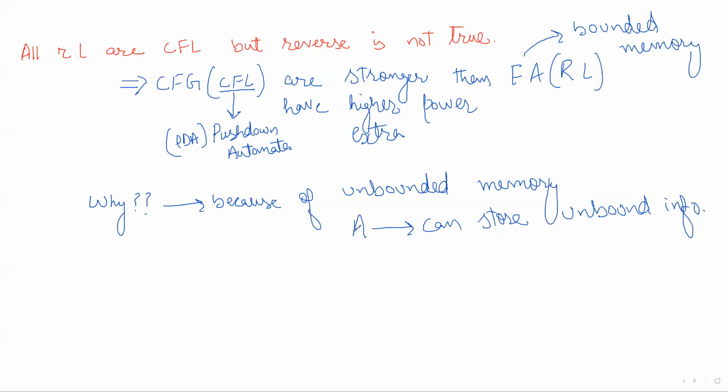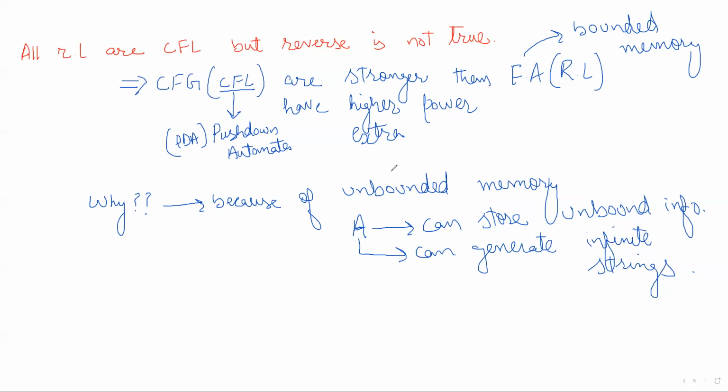It means that this non-terminal can generate infinite strings. And because of the derivation of strings, it is said that they have unbounded memory, and because of this unbounded memory they have extra power than finite automata.